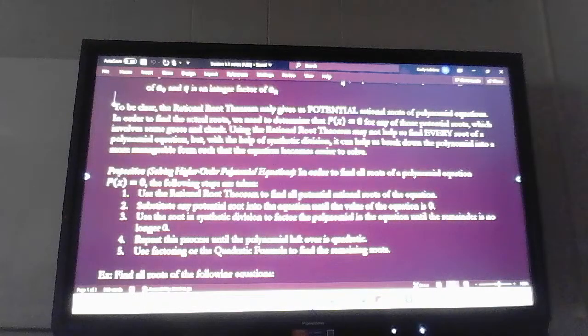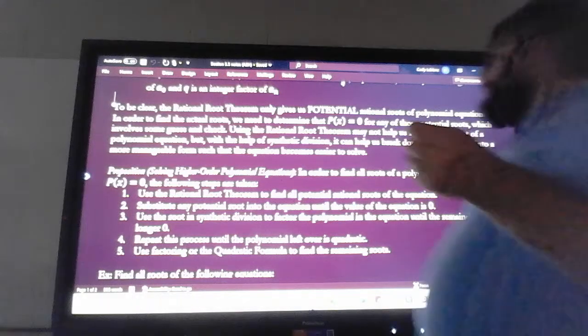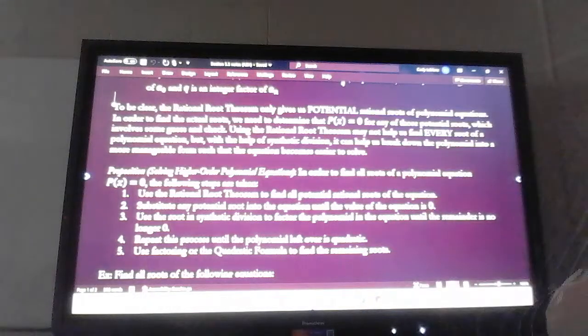In order to find that, well, first we need to determine whether or not that root makes that equation equal to 0, and that may involve some guess and check, okay?